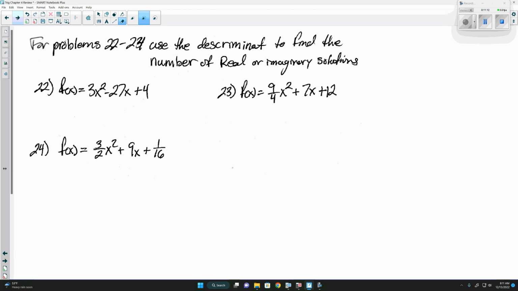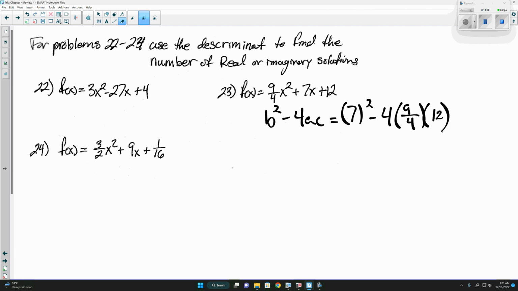Use the discriminant to find the number of real or imaginary solutions. You could also say complex, because I have a habit of saying complex instead of imaginary. They're essentially the same thing. I'm just going to pick 23, because what we're using is the b squared minus 4ac. And in our case, b is 7, so 7 squared minus 4 times a, which is 9/4, times 12.